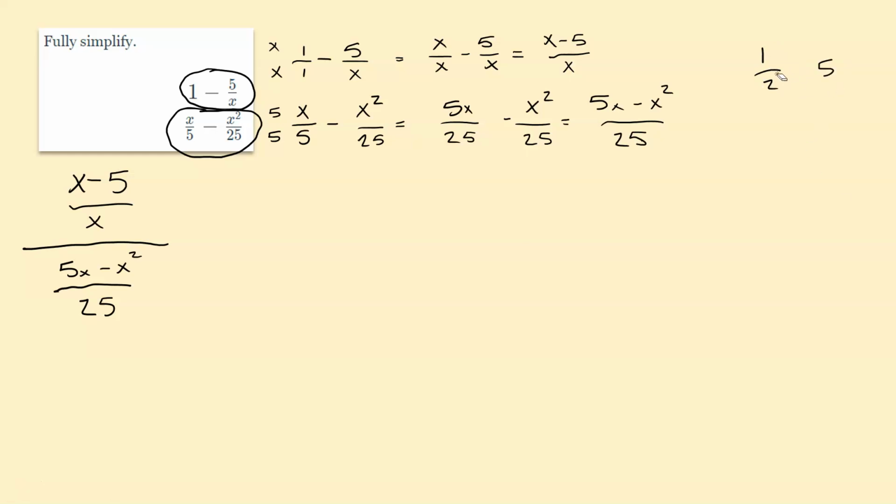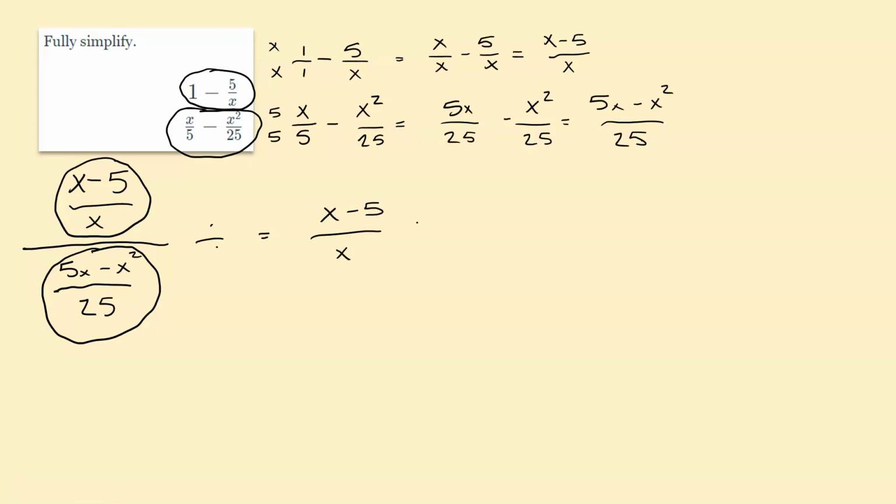So a fraction is the same operation as division. So I'm going to rewrite this as this numerator divided by this denominator. Okay? So we're going to have x minus 5 over x divided by 5x minus x squared over 25.